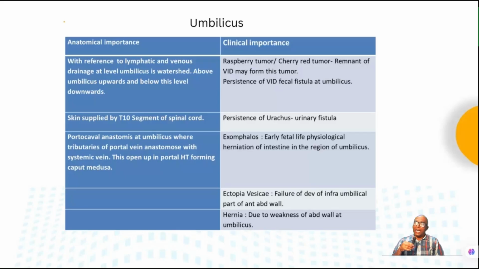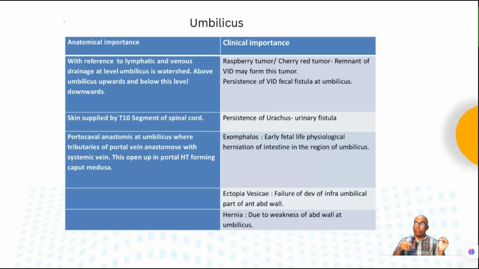Now coming to the clinical importance. Clinically, at the level of the umbilicus, you may get a raspberry tumor or cherry red tumor. It is nothing but a granuloma developing at the umbilicus. Then there can be a remnant of the vitello-intestinal duct, which may form this tumor. Persistence of the vitello-intestinal duct can cause a fecal fistula at the umbilicus. Persistence of the urachus can lead to a urinary fistula.